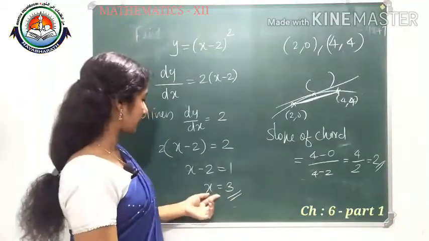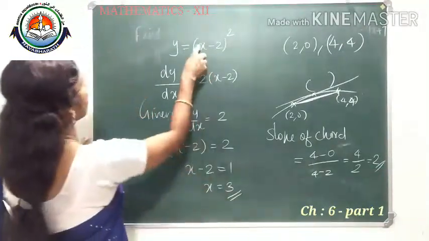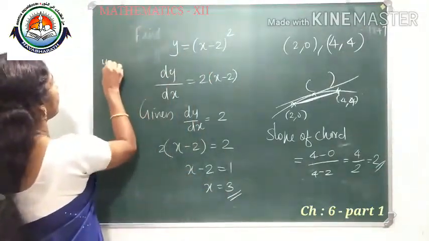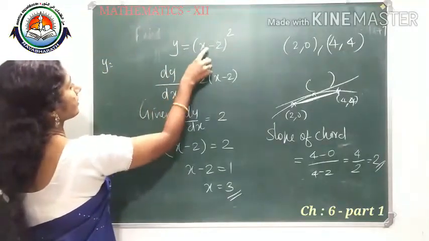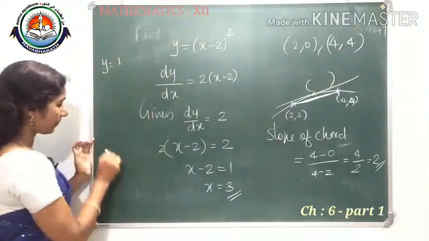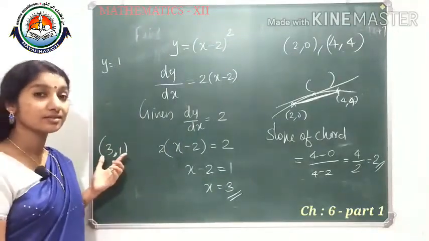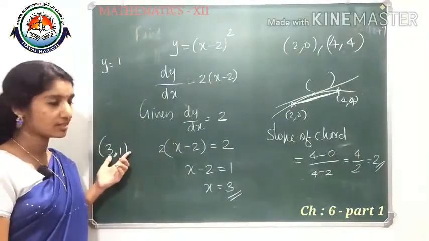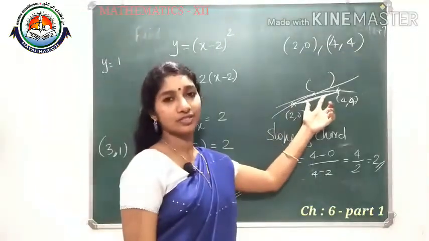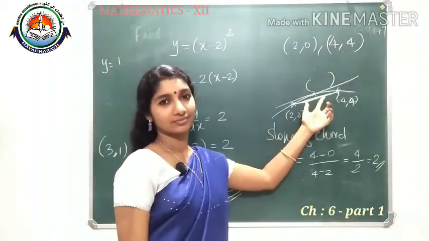Clear? When x equal to 3, what will be y? y equal to (3 minus 2) whole square, 1 square, so 1. So at the point 3, 1, the slope of the tangent is equal to the slope of this chord. Clear?